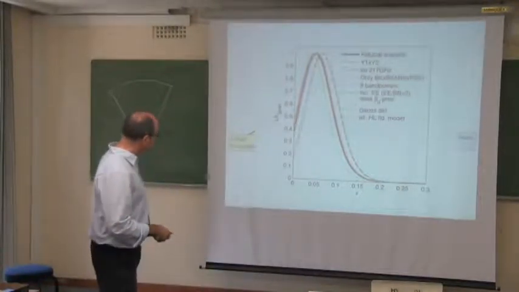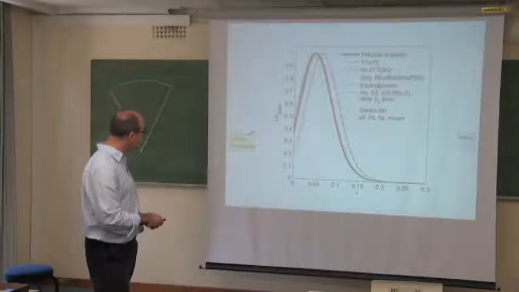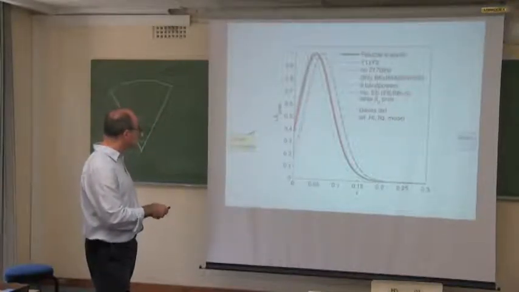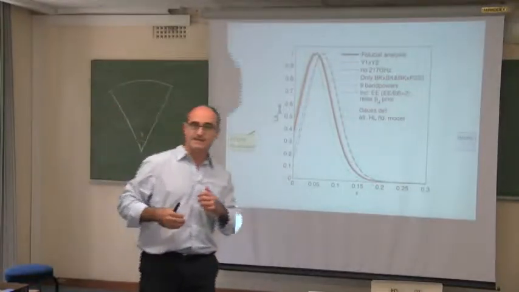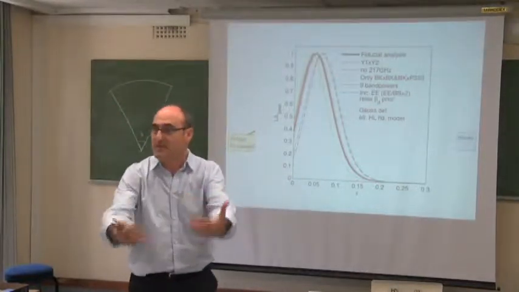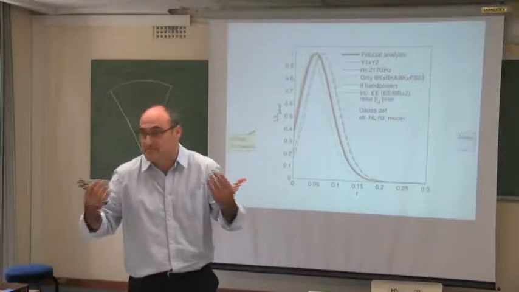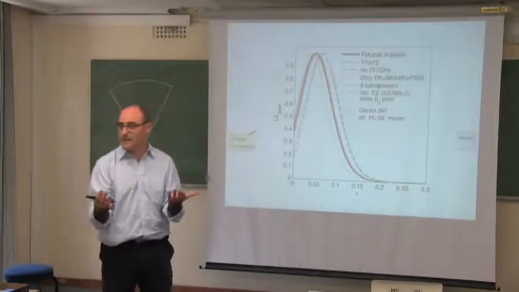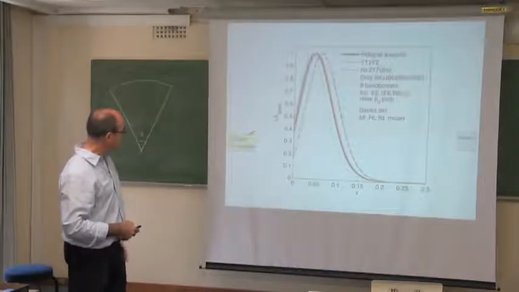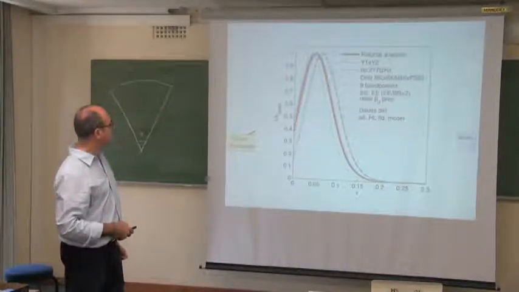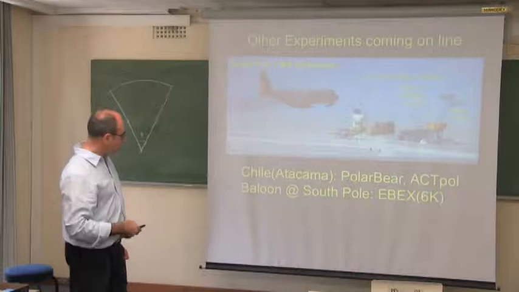Okay? So the question is, do we have hidden inside here an actual peak, which for the moment is dominated by dust, and the next generation of satellites will be able to pinpoint? Perhaps. It's not impossible. It is possible that there is such a component. But we don't know for the moment which one it is.